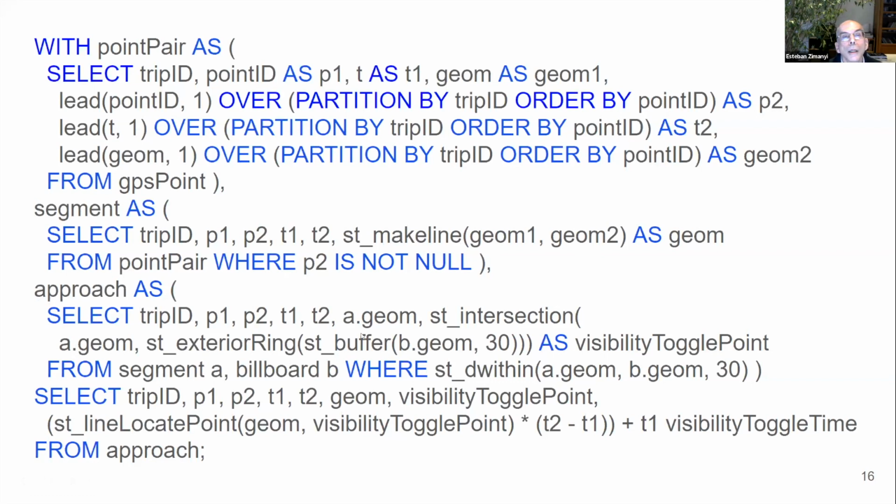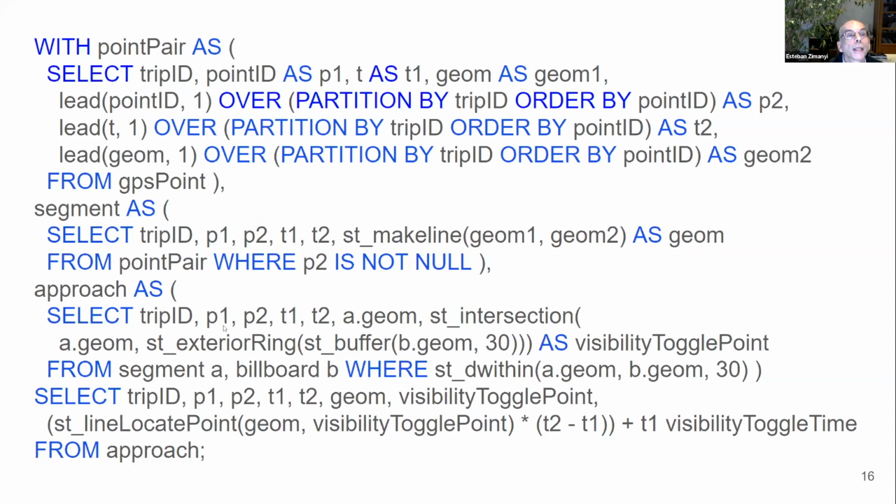In the third step, we put a buffer of 30 meters around the billboard, and at the end we verify whether the ST_DWithin of the bus with the boundary is less than 30 meters. And at the end, we need to determine the time when people inside the bus were seeing this advertisement.